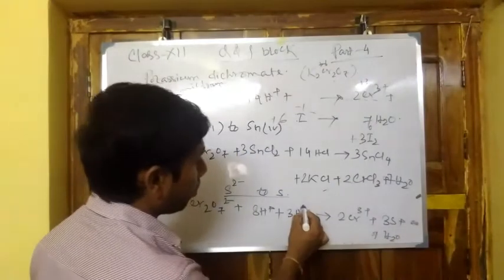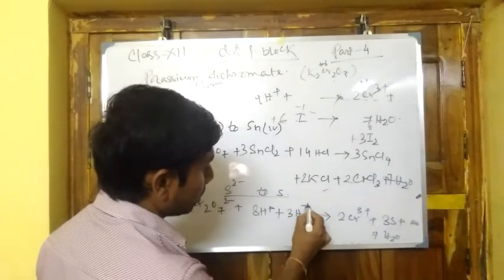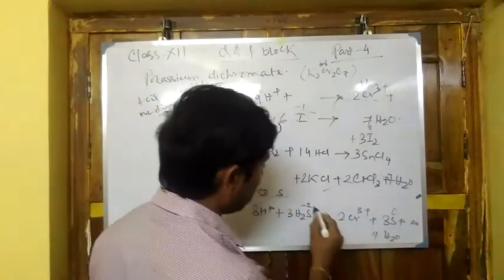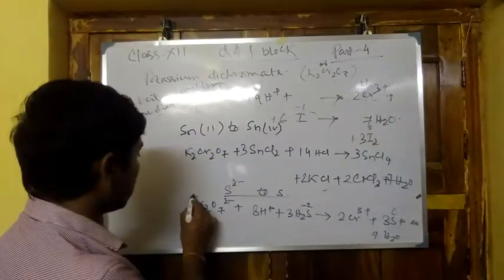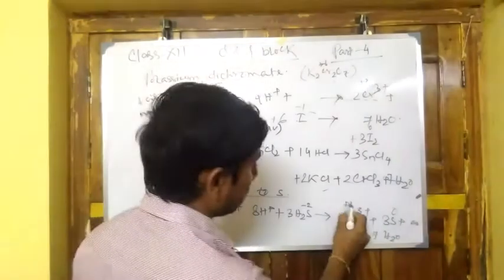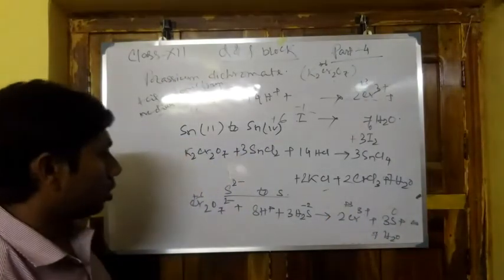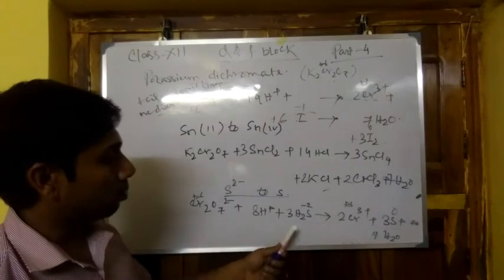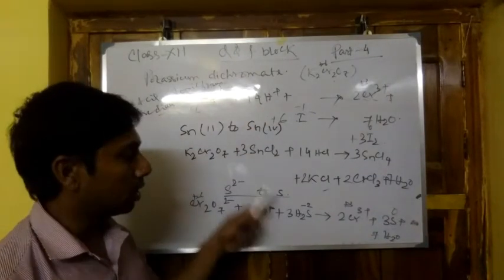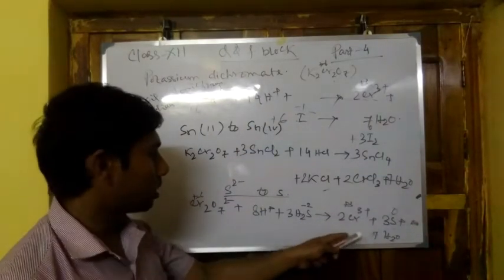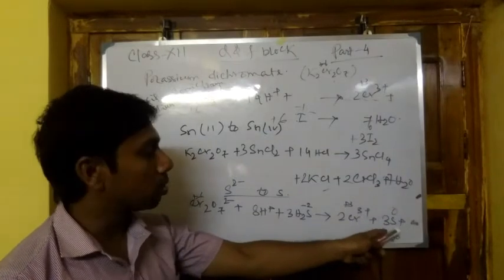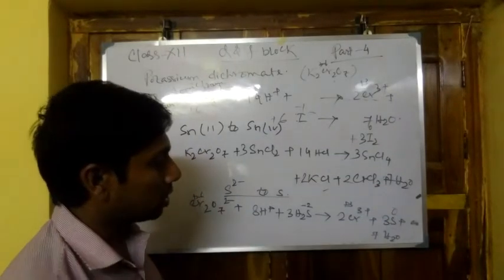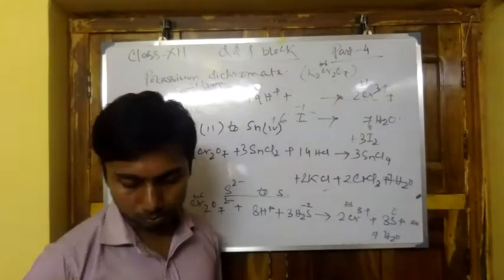So here from minus 2 to 0, that is oxidation, and here plus 6 to plus 3, it is the reduction. So H2S in acidic medium gives Cr3 plus and S, that is the deposition of sulfur, and the water molecule.